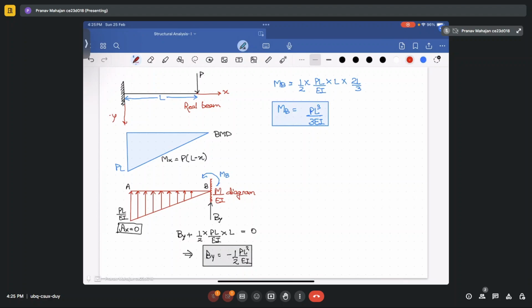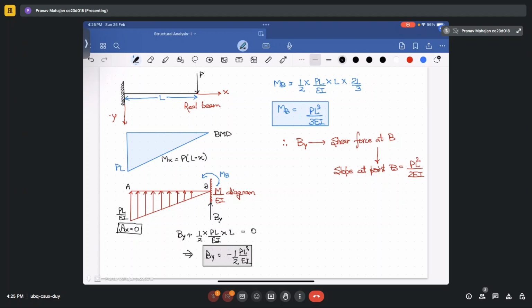Therefore your BY will correspond to the shear at B, and this shear will give you the slope at point B, equal to PL square upon 2EI.